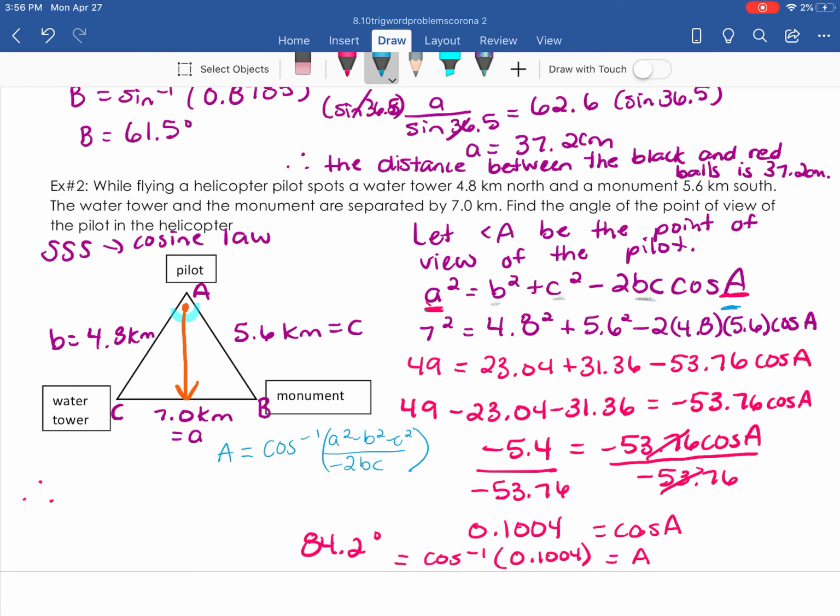And then just make sure you have an answer statement. Therefore, the angle of the pilot's point of view is 84.2. Okay, not too bad.